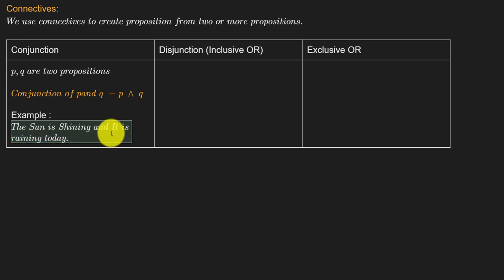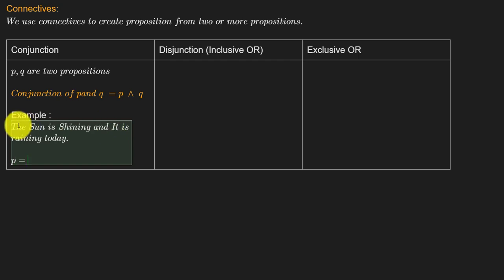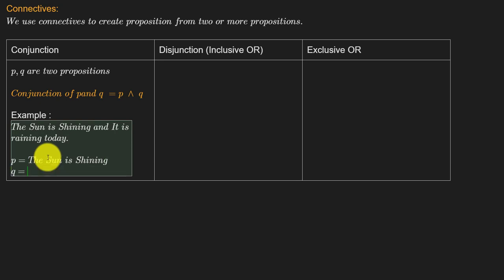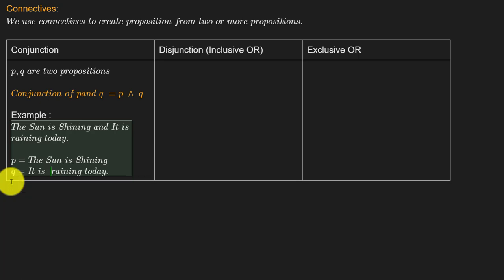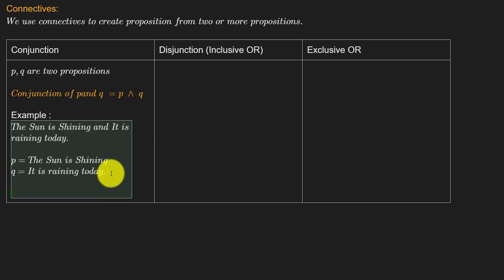So if I say P equals the sun is shining, and Q equals it is raining today, the above statement can be written something like this: P and Q. Now if we develop the truth table, this particular statement will be true only when both P and Q are true, otherwise it will always be false.